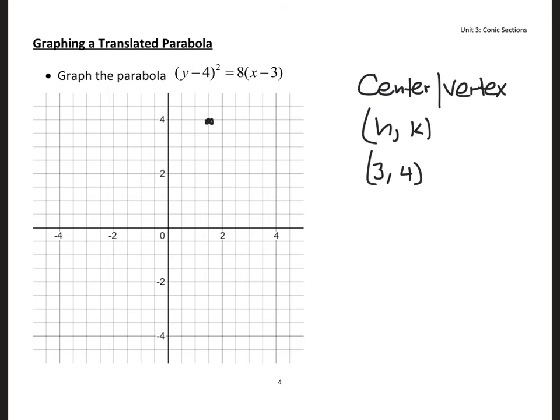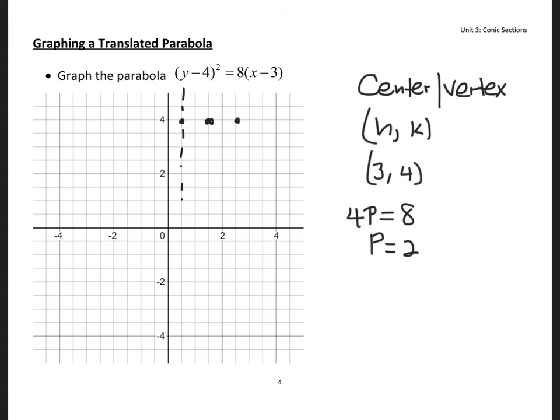And I know this one is going to be, so 4p, let me finish everything right here. P is equals to 2. So see, this is y squared, so I know it's going to be opening sideways. P is 2, so this is going to be 2 right there, and I know the directrix is going to be over here, so I know it's going to open to the right.